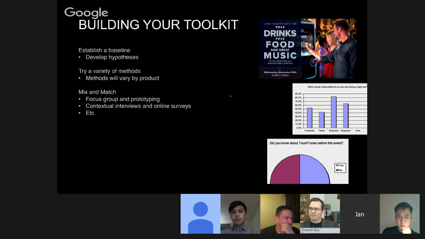So building your toolkit. This is really what we're hoping to do today. My advice in starting out is to establish a baseline. We've talked about in earlier sessions how you do that, what you do on your first day, what you do in your first 90 days. But you're talking to sales, you're talking to people in marketing, you're talking to anyone in the company.